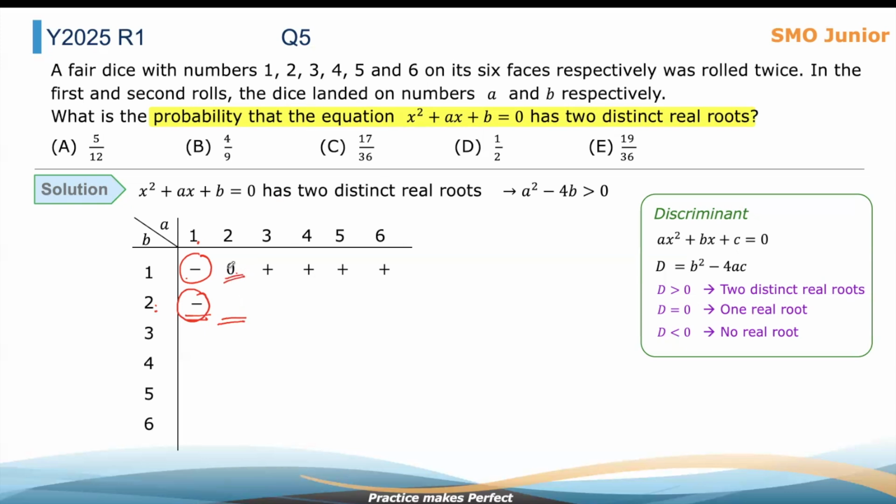You can check. a is 2. 2 squared minus 4 times 2 equals negative 4, less than 0. So this is negative. a is 3. 3 squared minus 4 times 2 is 1, greater than 0, positive. So the remaining will be positive.